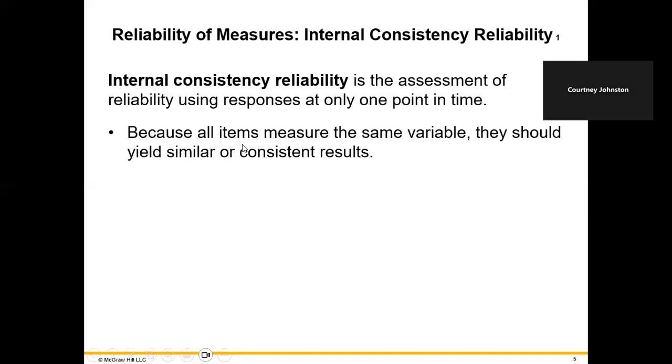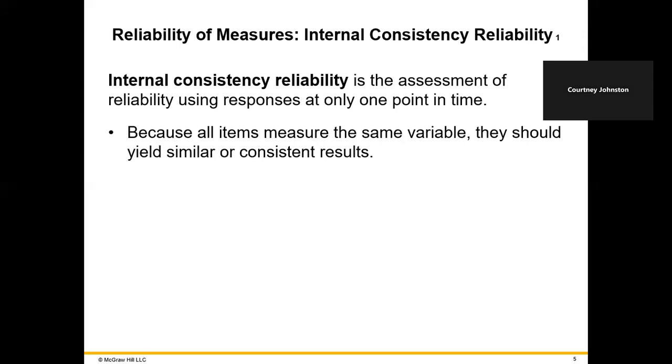So there's also internal consistency reliability. It's the assessment of reliability using responses at only 1 point in time. This could be done through a pilot study. And because all items measure the same variable, they should yield similar or consistent results. Again, if you were to conduct a pilot study of the survey that you are conducting and you sampled 10 individuals, what you're looking for amongst individuals are pretty consistent scores because, again, you are measuring the same variable in your survey, and so they should be pretty consistent.